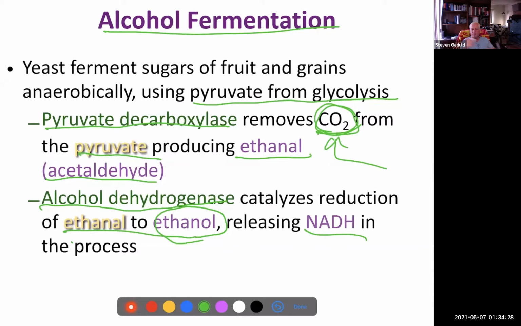That's trapped carbon dioxide that you've produced. Champagne is wine with carbon dioxide in it. That's what makes your soda bubble too. It's carbon dioxide in your drinks. You get it because pyruvate is breaking down to the aldehyde and carbon dioxide. Then the aldehyde is being converted to ethanol, the alcohol.